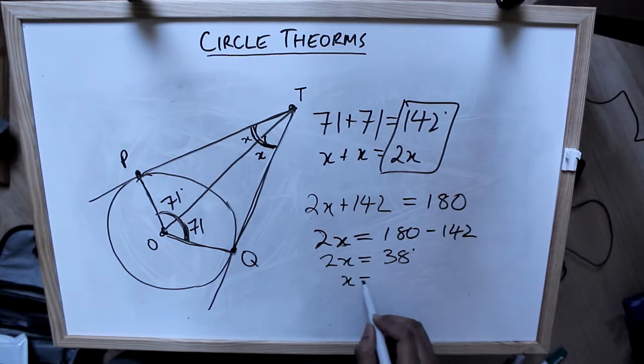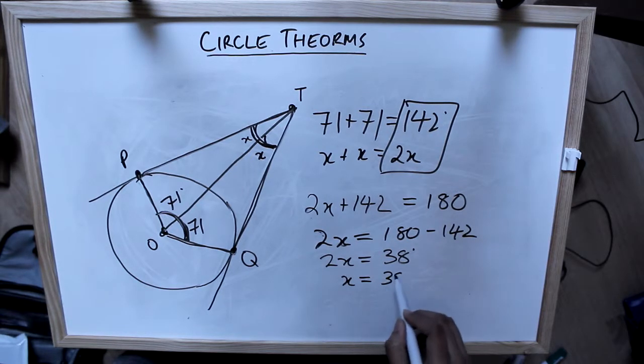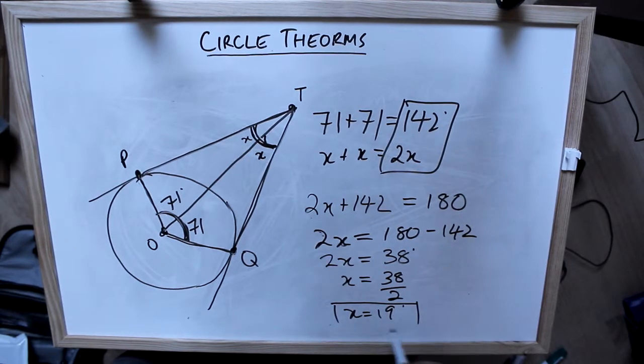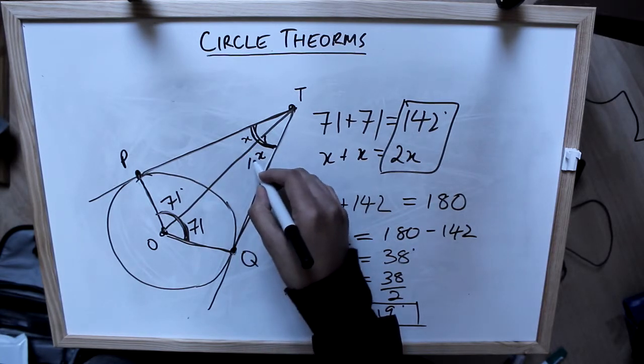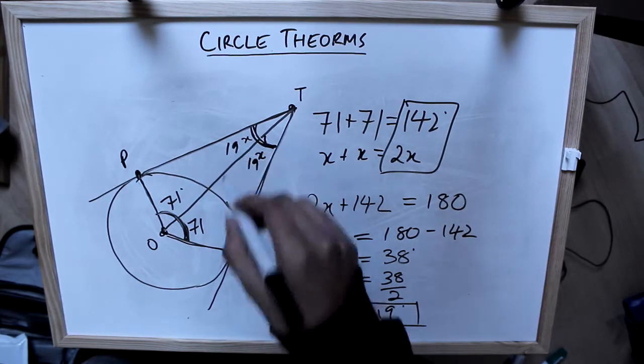And just to isolate x by itself, we divide this by 2, so it's 38 divided by 2. x is simply 19 degrees. Now we've worked out x, so if this is 19, this will also be 19.